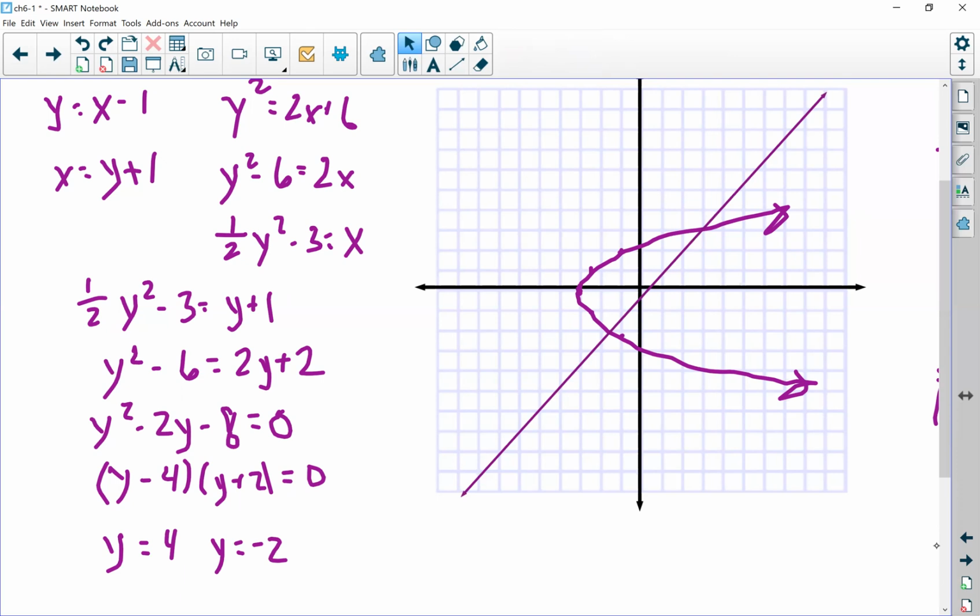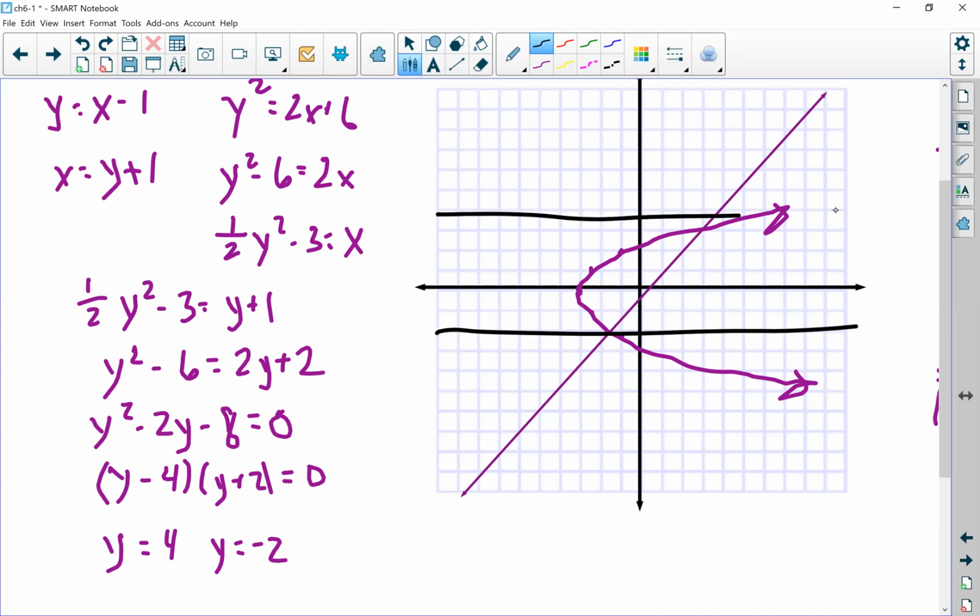Which function is to the right of the other? And when I say that, I mean specifically in that region, I'm talking about right here.